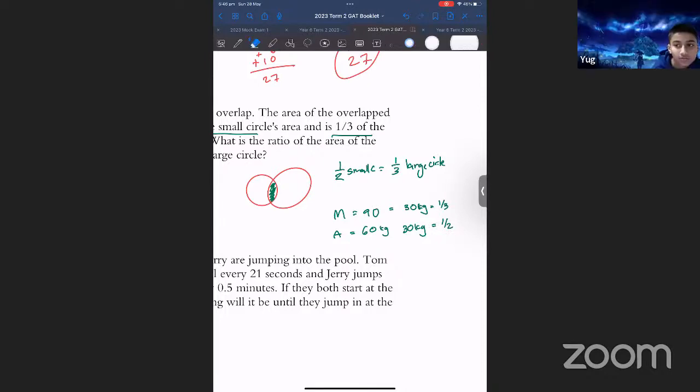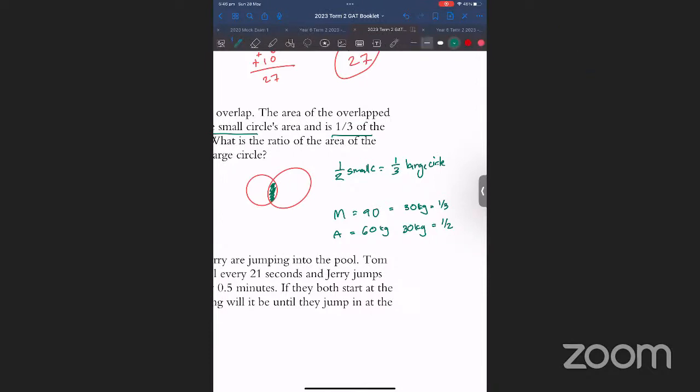So in this question, we know that half of the small circle is a third of the large circle. So we multiply both sides by 3. The reason is it'll give us a nice whole number. A third multiplied by 3 is just equal to 1 large circle. And then what's a half of 3? It's 1.5 small circles. But that's not nice either. So let's multiply it by 2 to make it a whole number.